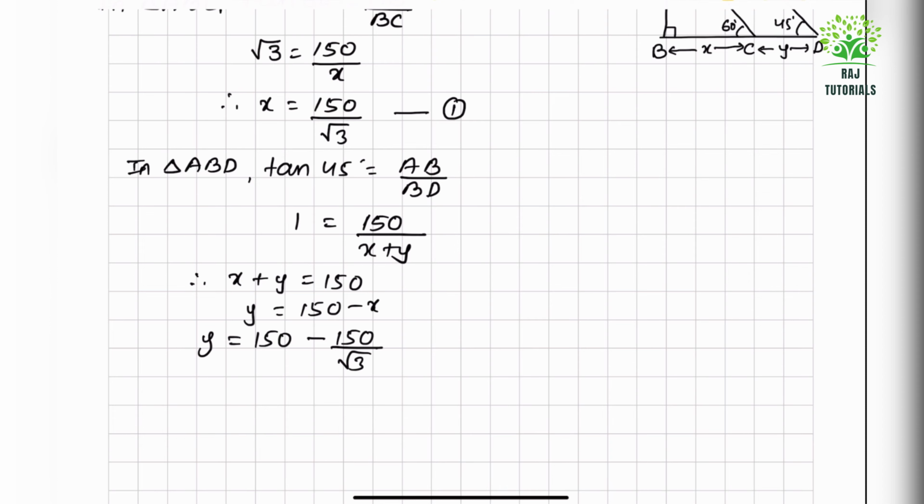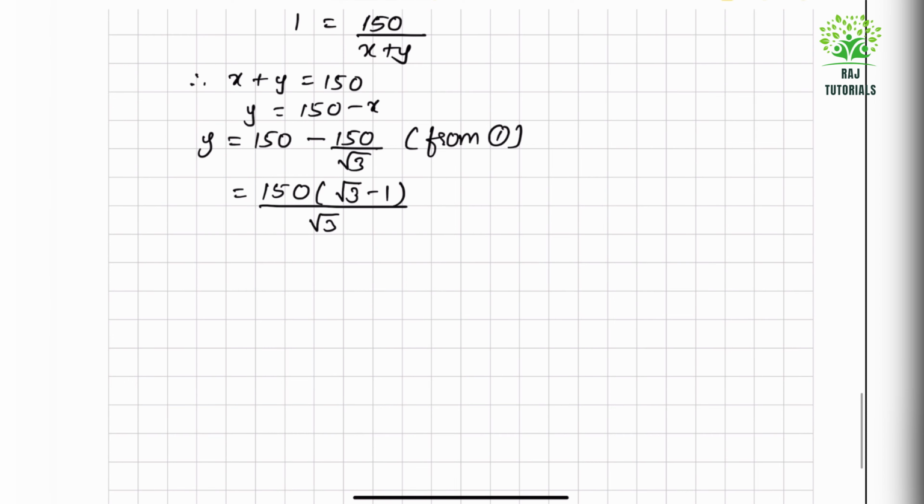So Y equal to 150 minus X. So putting 1 here, so Y will be 150 minus 150 upon root 3. This I have used the one equation. So if I take 150 common, this will be root 3 minus 1 upon root 3.